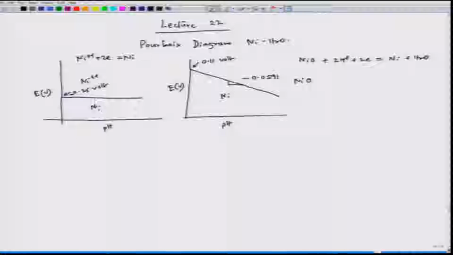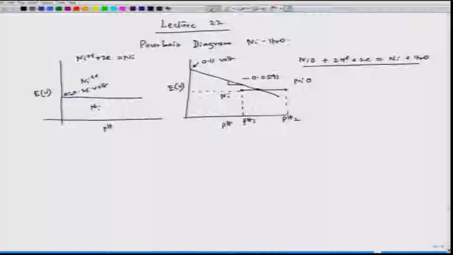Now, let us see whether this right side would be NiO. So, let us have a parallel line, and I am changing the pH. This is pH 1, this is pH 2, and the potential remains the same.